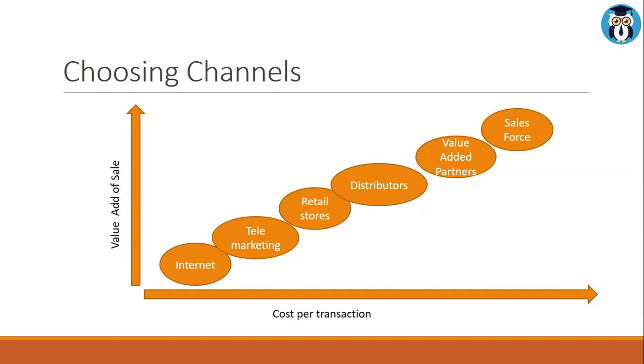So in that case, you need a sales force, you need a physical brick and mortar store. However, you're very okay selling software on the internet, because for that you don't need a brick and mortar store. Most of it is online, most of it is a file that you need to download or a CD that you need to mail to them. In that case, you can get away with just having it on the internet, because you don't need a lot of value add, and your cost per transaction is also low.